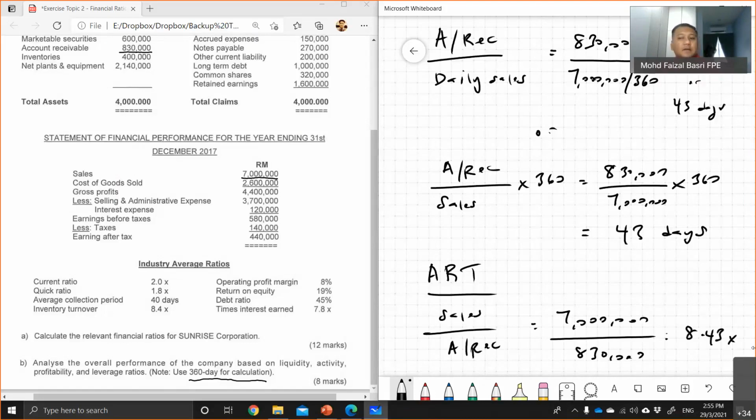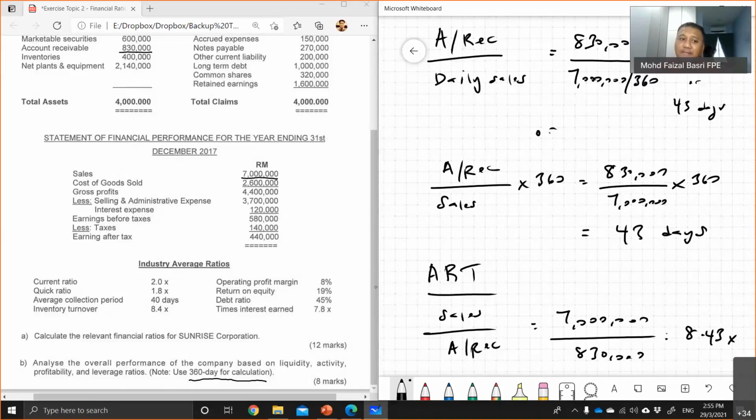Okay, but again, we don't have any reference to compare, so we cannot say whether this is good or bad. But according to our number of days taken compared to 40 days, obviously these 40 days will have a better account receivable turnover, supposedly. It's supposed to show a better account receivable turnover for the industry average.